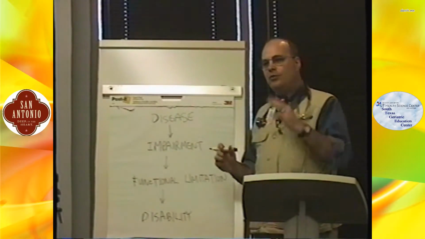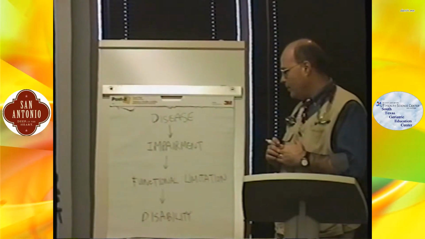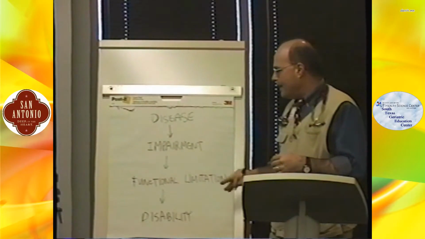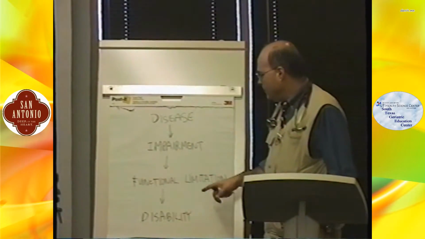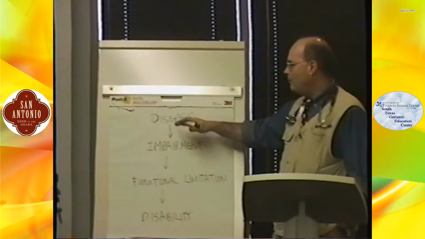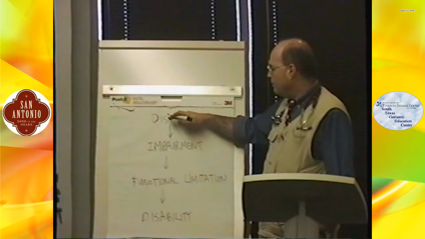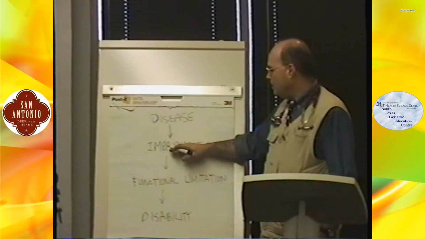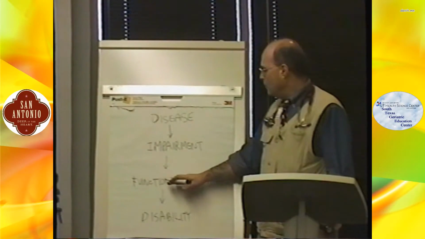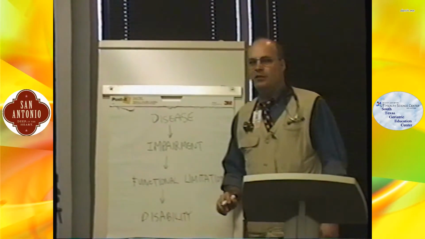Well, let me ask you a question here. The adaptations that we talked about, the adaptive strategies, what level were they at? Were they between the disease and the impairment, between the impairment and the functional limitations, or between the functional limitations and disability? Where were they being applied?